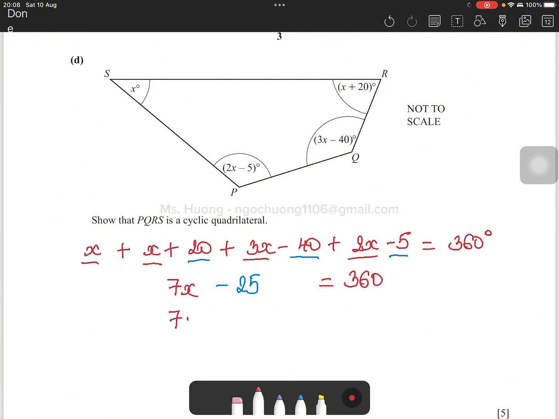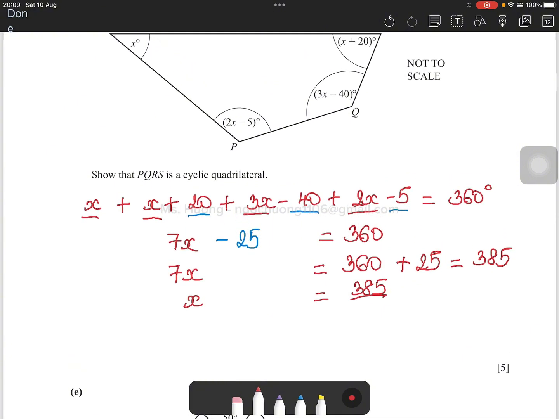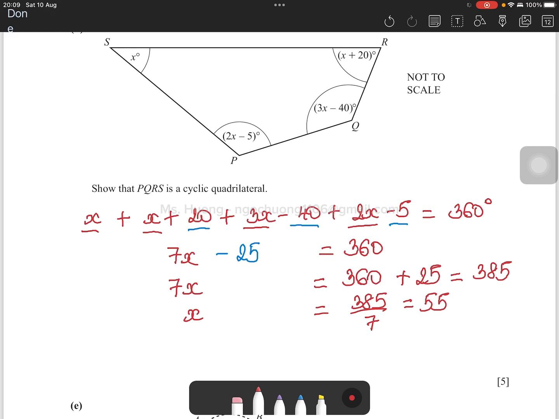To find 7x, we will add 25 to both sides, and it is equal to 385. Then to find the value of x, we divide both sides by 7. 385 divided by 7 is equal to 55. So x is 55.